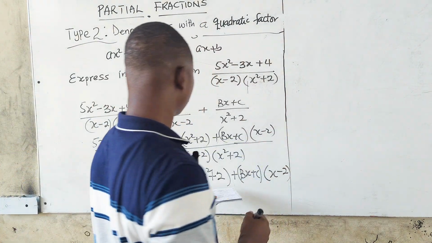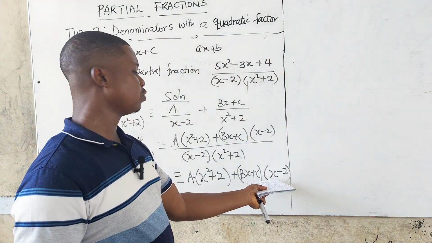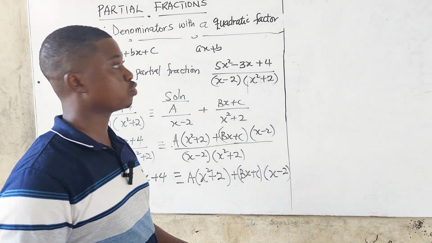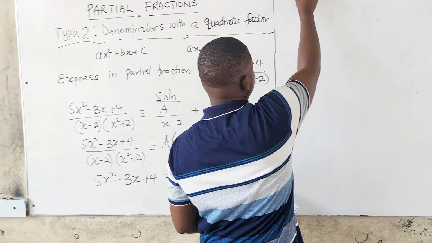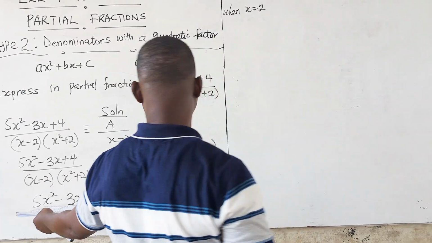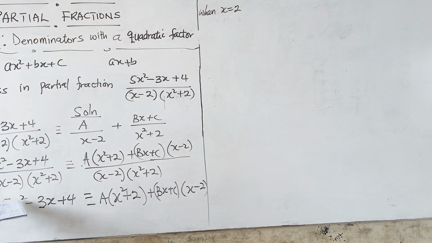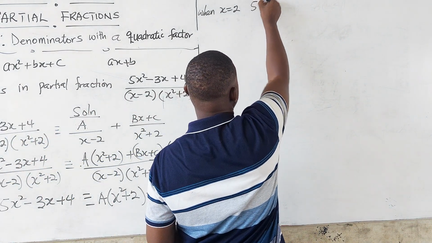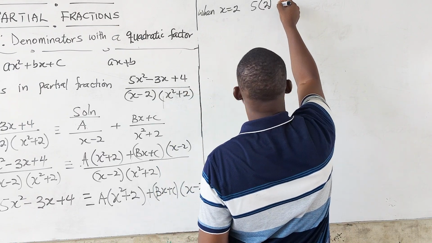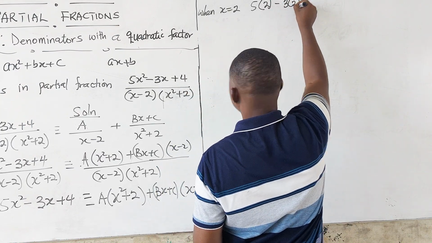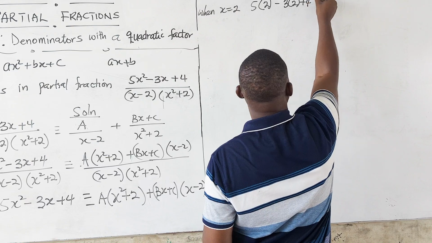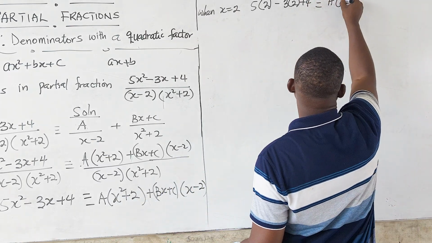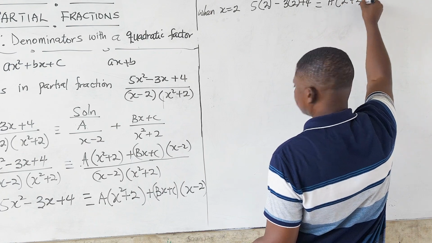So with this one, I can also decide to use the cover-up method to solve this. To eliminate one of them, I can first use when x is equal to 2. When x is 2, the whole of this will be 0, so multiplying that one will be 0. Let me substitute first: 5 times 2 squared minus 3 times 2 plus 4 should be equivalent to A times 2 squared plus 2.